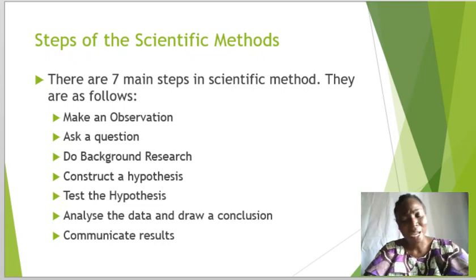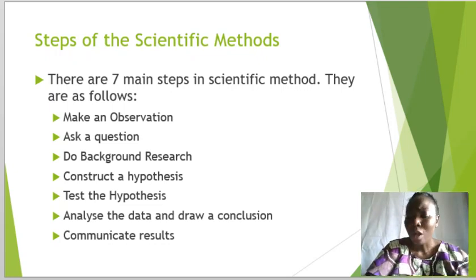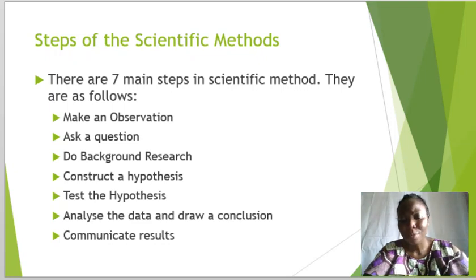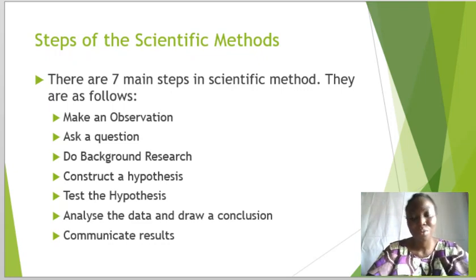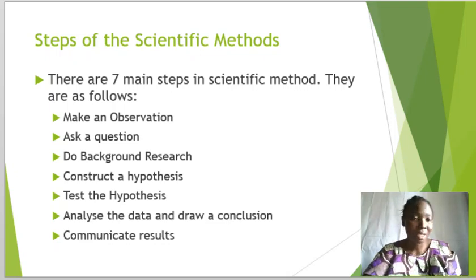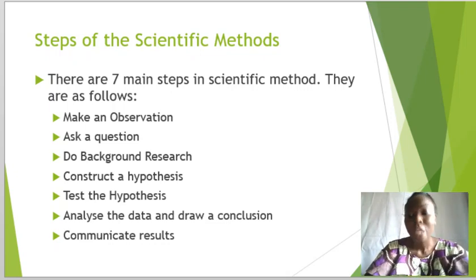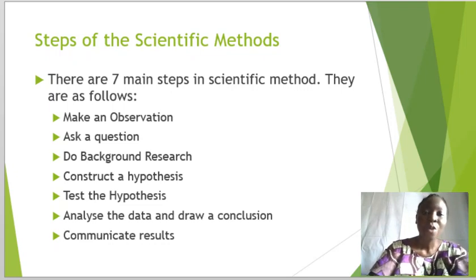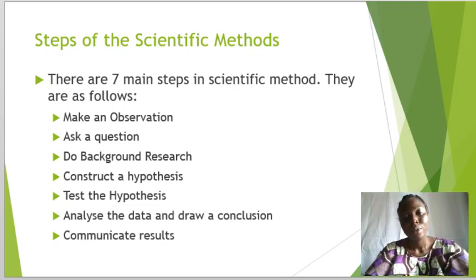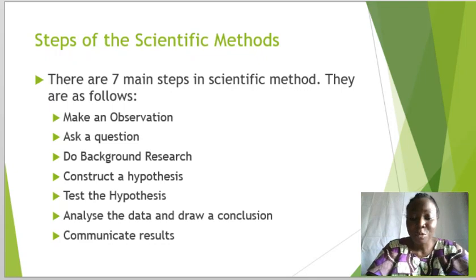Then, as a good scientist, what are the steps and procedures for conducting scientific research? Based on our previous discussion on scientific method, now we want to conduct a scientific research. What are the processes? What are the steps you need to take? 1.